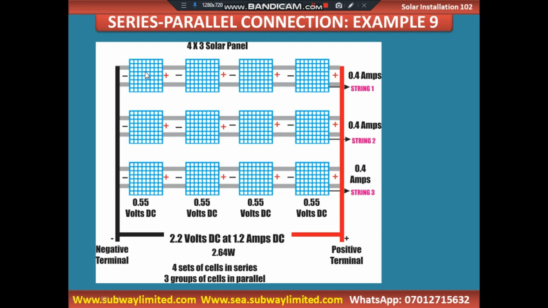You can see this is 1, 2, 3, 4 solar panels by 1, 2, 3. That means 4 in series and 3 in parallel, depending on the rating. You can see 0.5 volts, 0.5 volts, 0.5 volts.